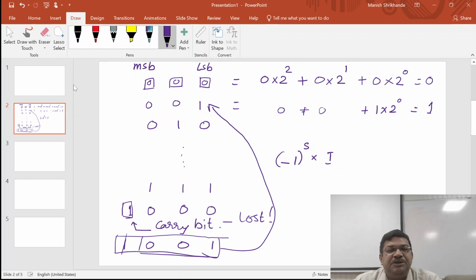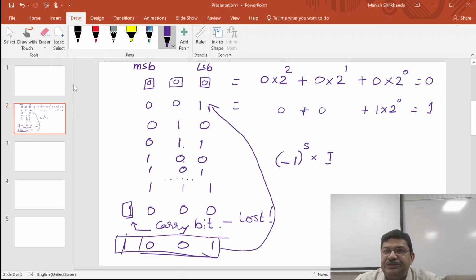So let me complete this: 0, 1, 1, and then you have 1, 0, 0, 1, 0, 1. If you see these two numbers, they are repeating. So this represents 0, this represents 1, this represents 2, this represents 3.